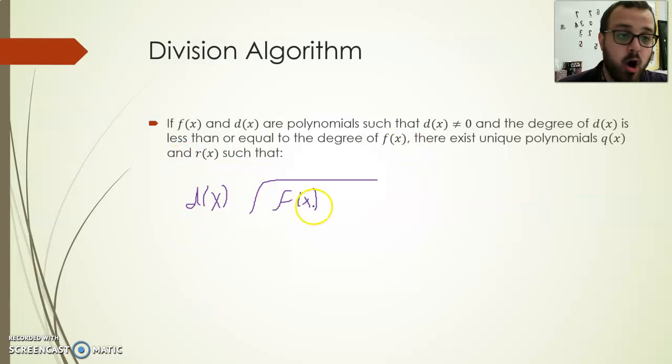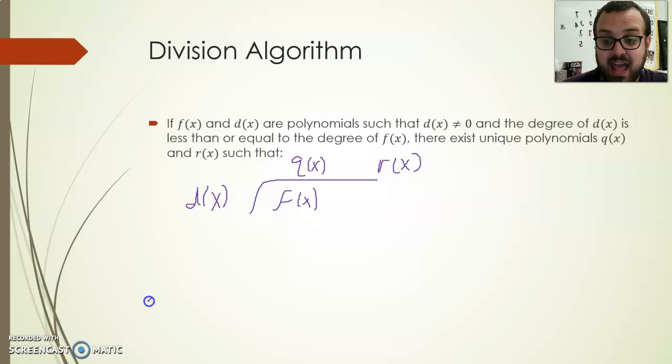I can rewrite all of this into one big equation, okay? Basically, when I divide these, I'm going to get this up here, q of x, which is my answer, otherwise known as the quotient. And then I'm also going to get a remainder, which is a polynomial, so I'll call that remainder r of x.